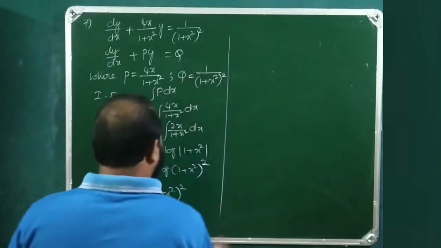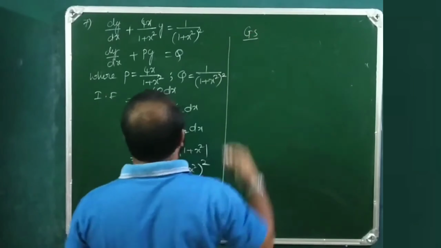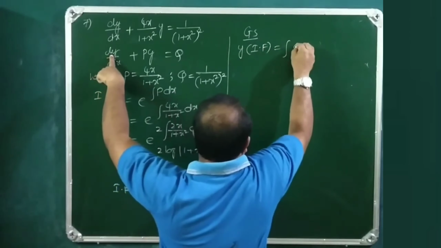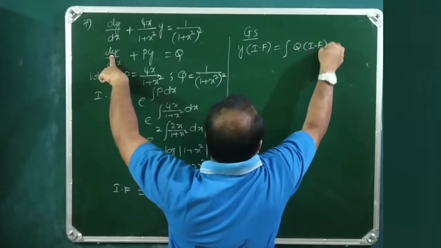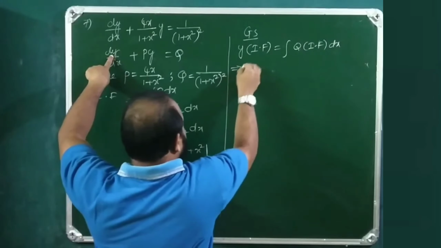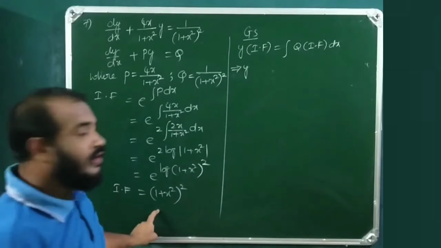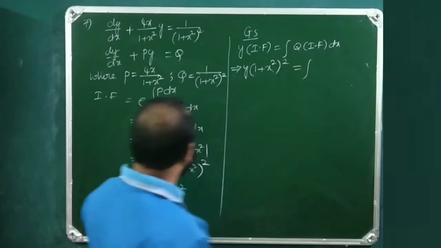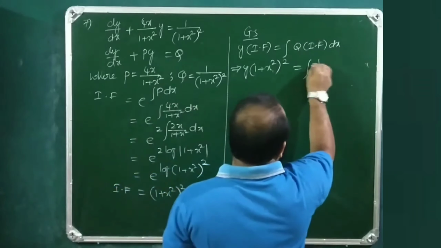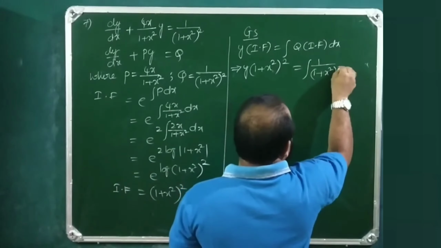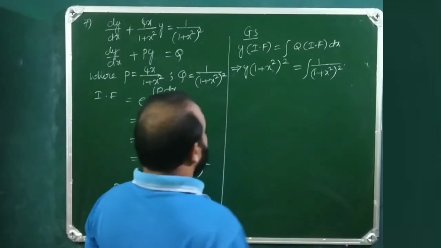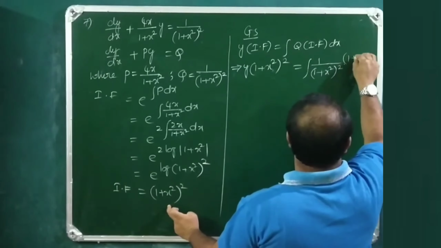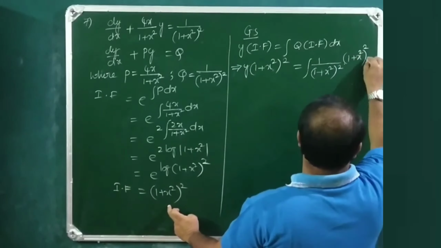Now its general solution is y into integral factor equals integral of q into integral factor into dx. So y into (1 plus x square) whole square equals integral of q, which is 1 by (1 plus x square) whole square, into the integral factor, (1 plus x square) whole square, dx.